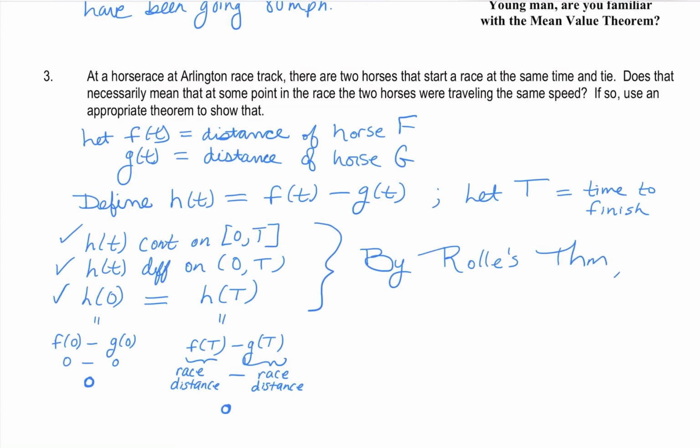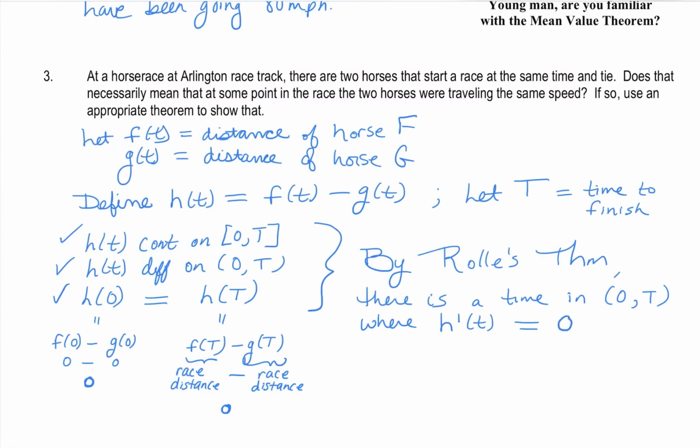All right, so what does Rolle's theorem tell us? By Rolle's theorem, we know that there is a point in time in this interval, from the time 0 to the time that they finish, where h prime of t is equal to 0.